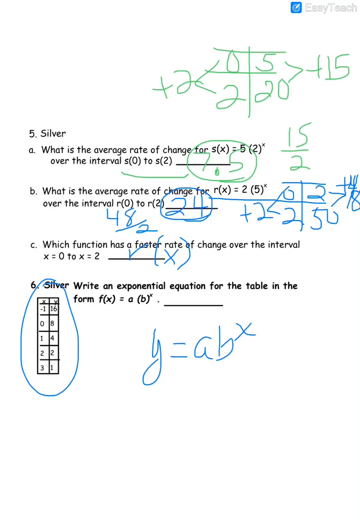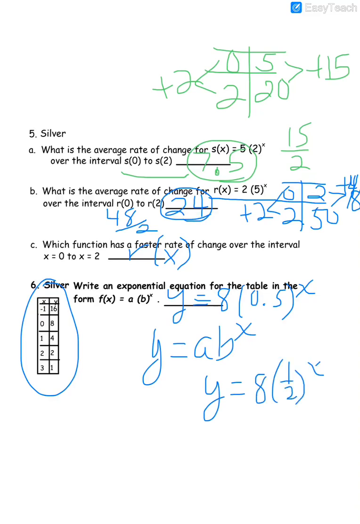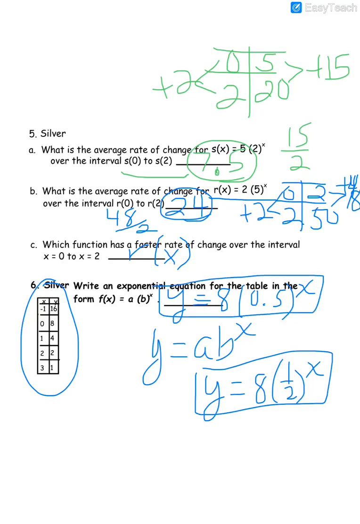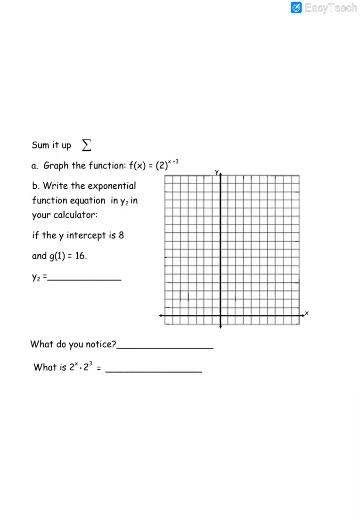That tells me that the a is 8 and the b is 0.5, or you can write a half, to the x power. Or I can even write it as 8 times a half to the x power. So this or this works for me. All right, so let's head to the sum it up, and then I'll go back to gold afterwards.